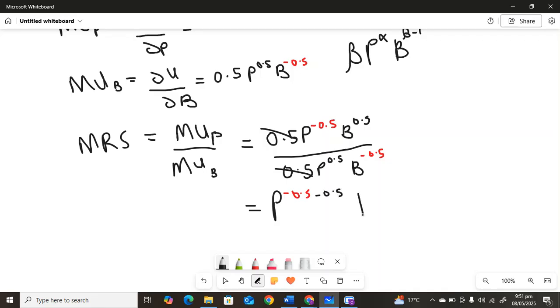Then here we have b to the power 0.5 minus negative 0.5.